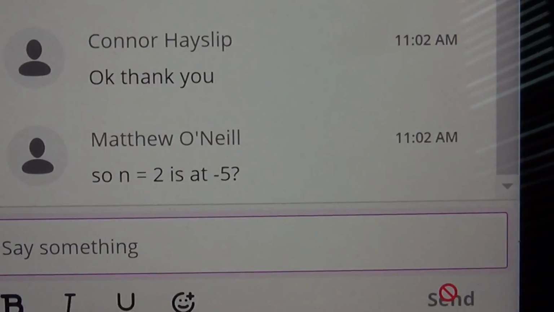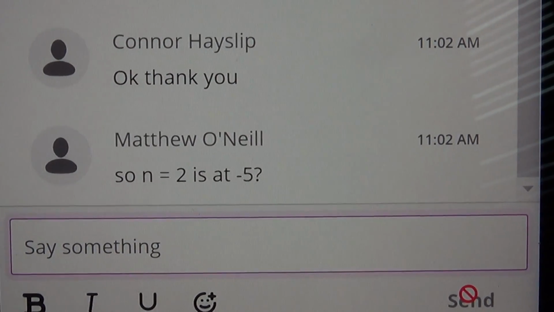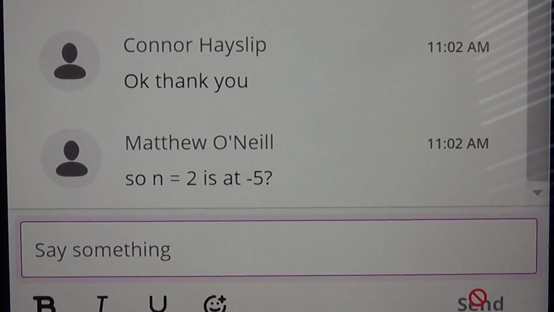And then Matthew O'Neill, so n equals 2 is at approximately -5. Yeah, it's around there somewhere. You might get an n equals 2 at a far lesser force, Matthew and everyone else.